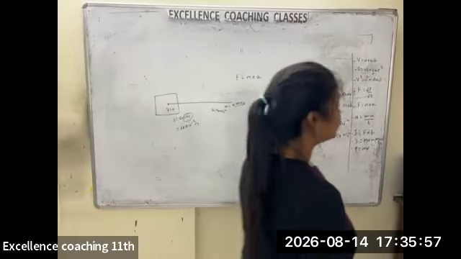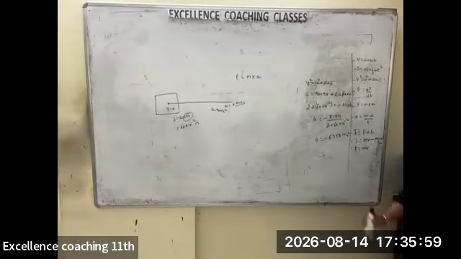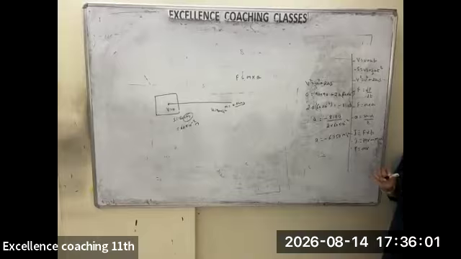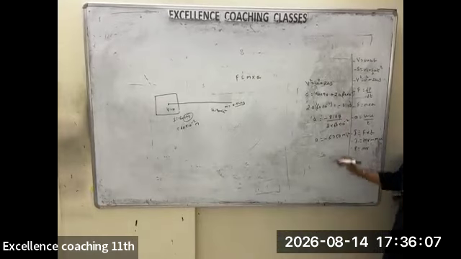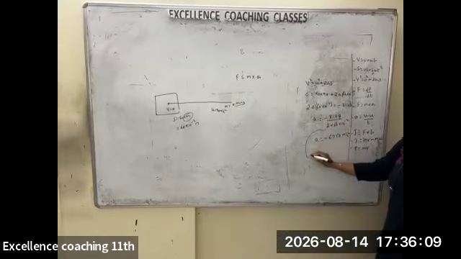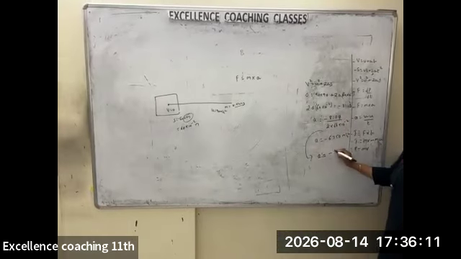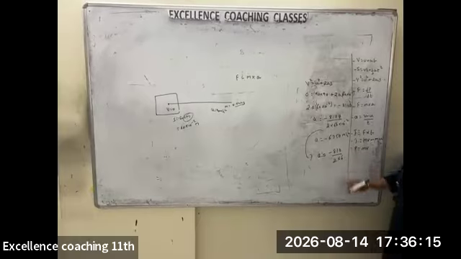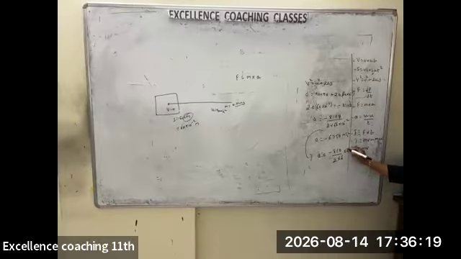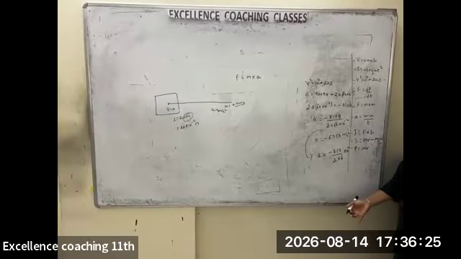10 raised to minus 2, you can keep as it is. Then you can shift the decimal point. Just solve this part. The zeros cancel out directly. You're left with minus 810 upon 2 into 6, and here it will be 10 raised to 2. Or 81 by 12 also you can do.